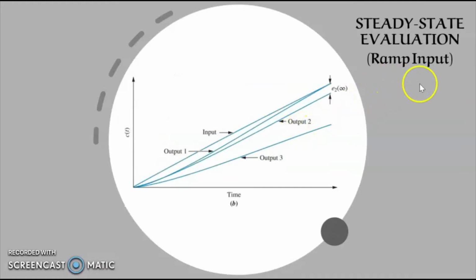For a ramp input, there are 3 possible outputs. The first output approaches 0. The second has a finite value of steady state error. But for output 3, the steady state error is infinity, so we don't want that one.